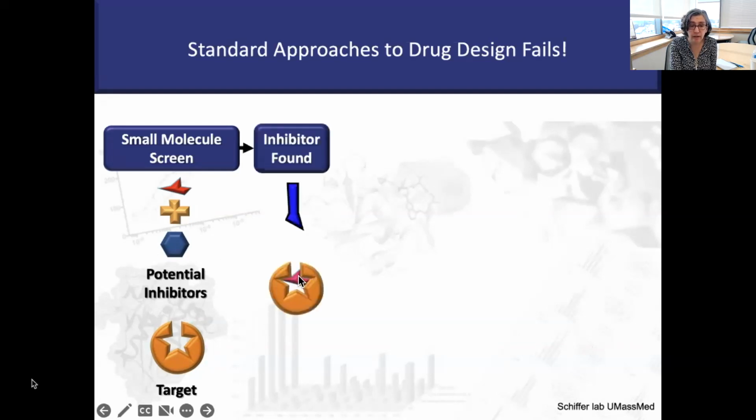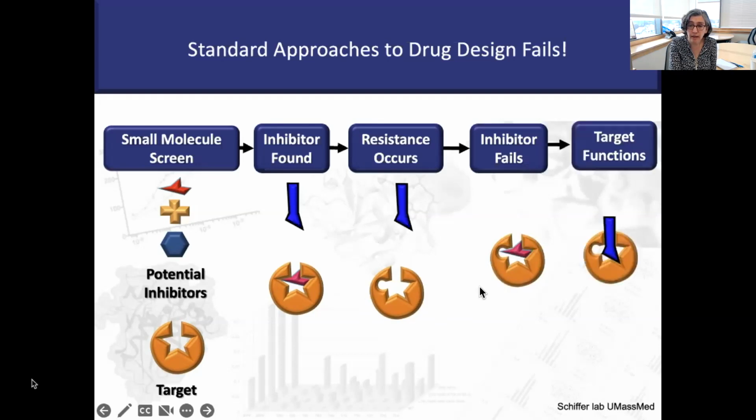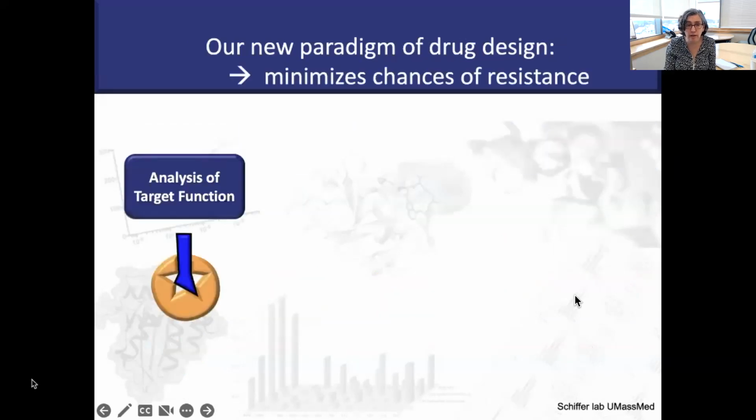And if we're really lucky, this hit is bioavailable and all those good things. But if it's a quickly evolving disease, the enzyme's able to evolve resistance. And then the inhibitor doesn't bind so well anymore and it fails, but the enzyme's able to still recognize and process its substrate. So we realized that this act of recognizing and processing substrates was in fact an evolutionary constraint.